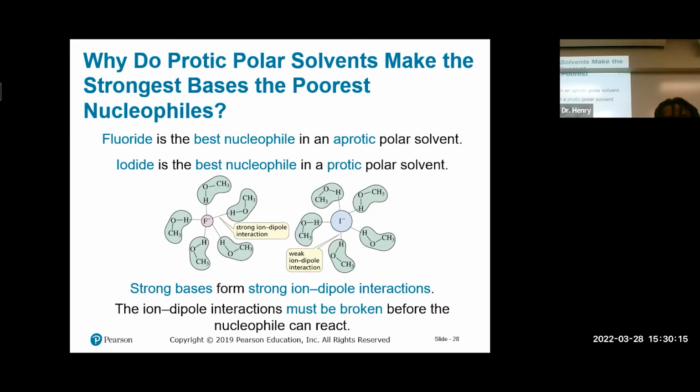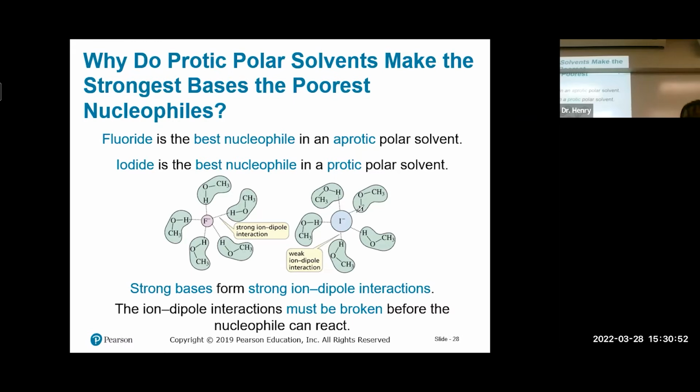Okay, so if we take a look, here's our fluoride, and here's our iodide, right? Our fluoride is going to be pulling everything real tight, so we're going to have a strong ion dipole interaction. Here we still have an ion dipole interaction, but it's going to be much weaker because the iodine is so big.